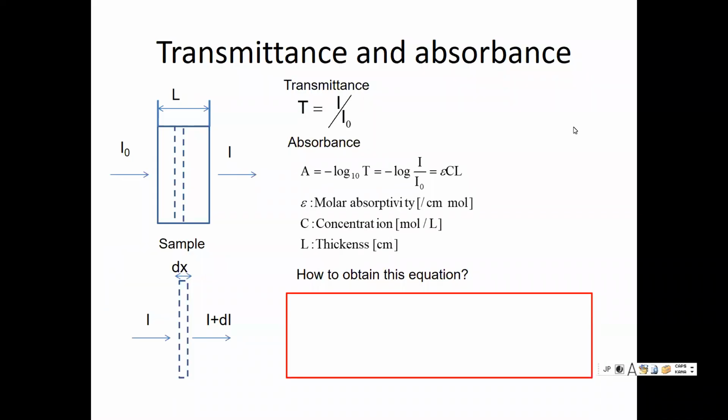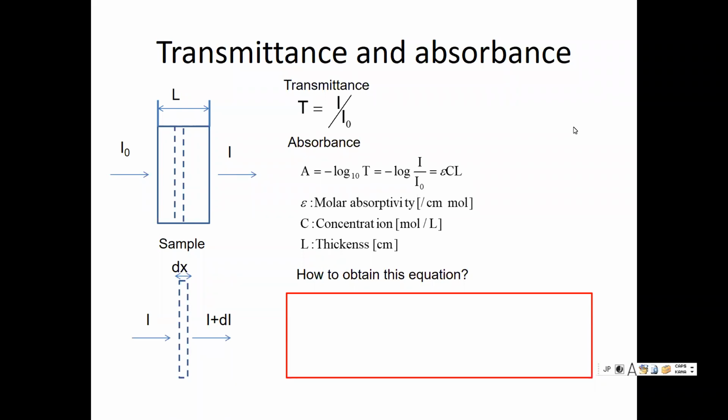Finally, I would like to introduce one of the technically quite important laws, because in photochemistry, to understand the excited state, we most likely need to measure the transmittance, meaning the absorbance of the molecules or solutions or samples.